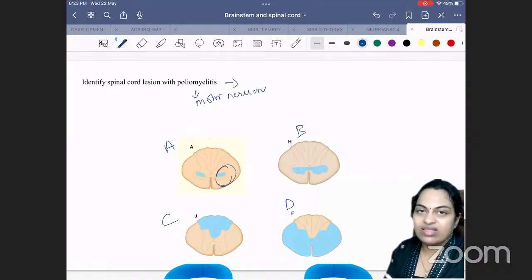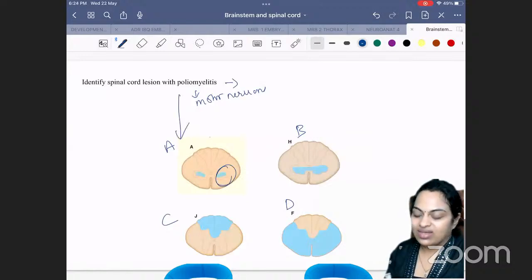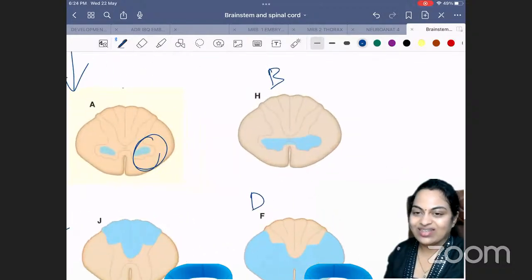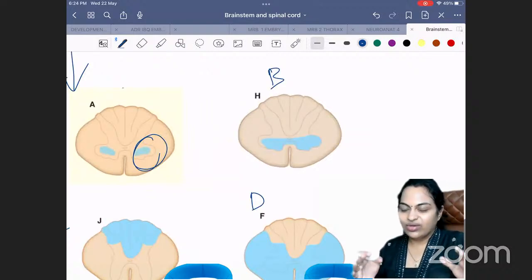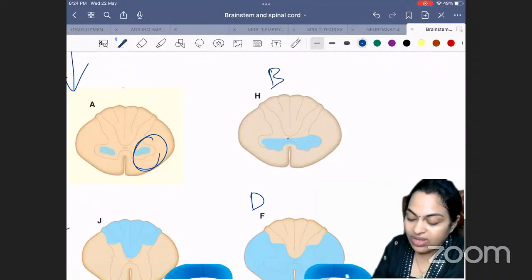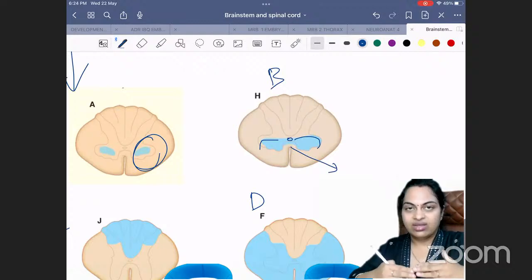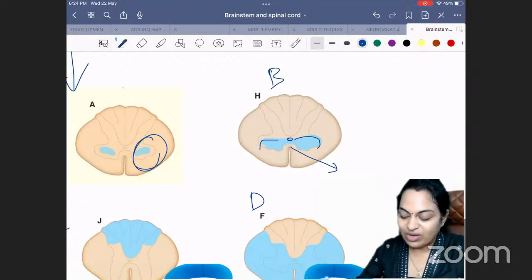So this shows poliomyelitis. What is this? Anyone? You see a lesion, that blue color is the diseased part. It's involving the central canal of the spinal cord and the anterior gray horn. And what is this region called, exactly in front of, posterior to the anteromedian fissure?